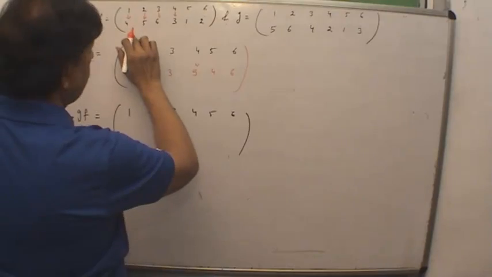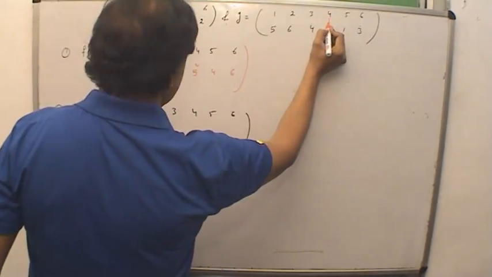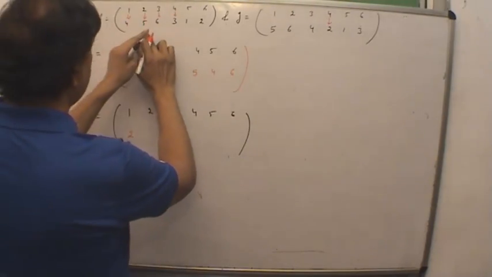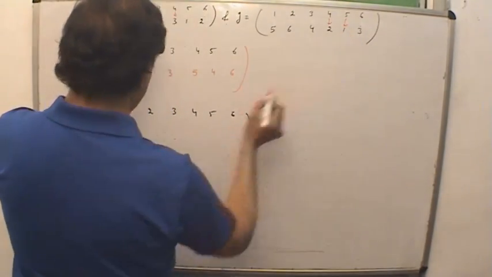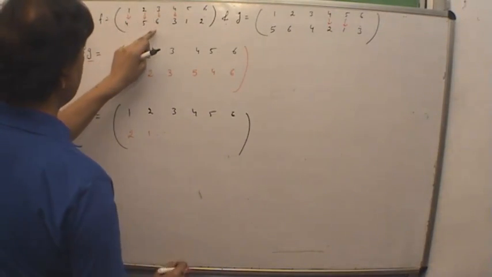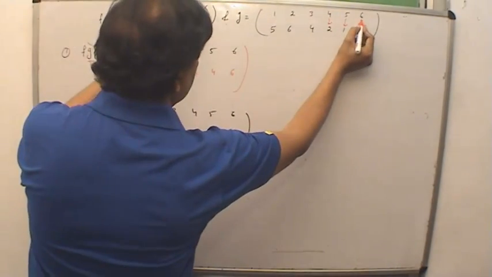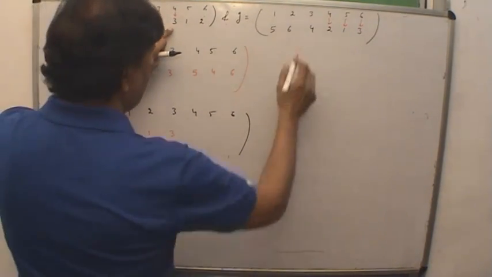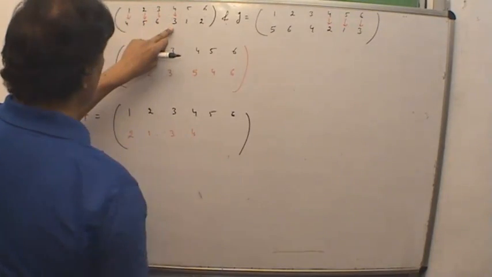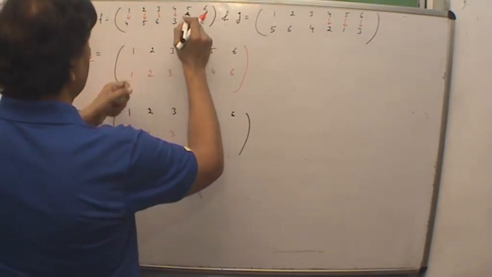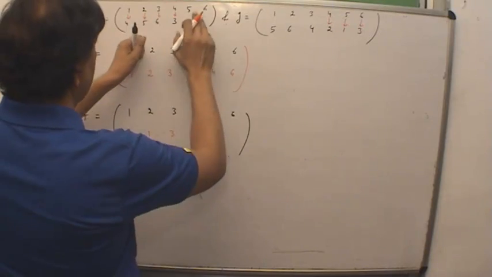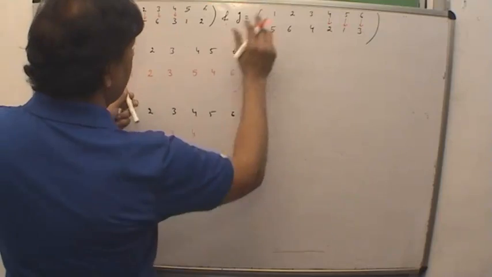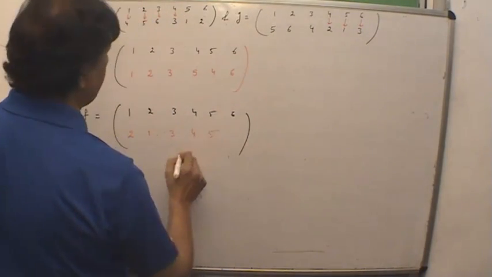1 has image 4, and here 4 has image 2. 2 has image 5, and 5 has image 1. 3 has image 6 and 6 has image 3. 4 has image 3 and 3 has image 4. 5 has image 1 and 1 has image 5.